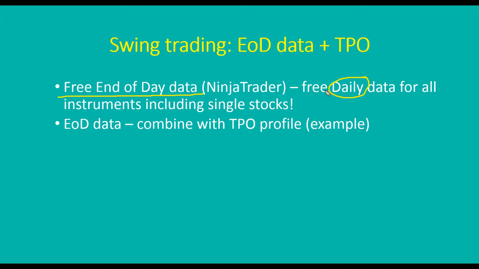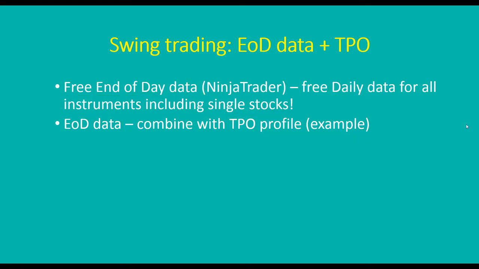So this is pretty cool. And this end of day data, you can combine it with TPO profile. The cool thing about TPO profile is that you don't need actual volumes. The TPO profile will print only using price.